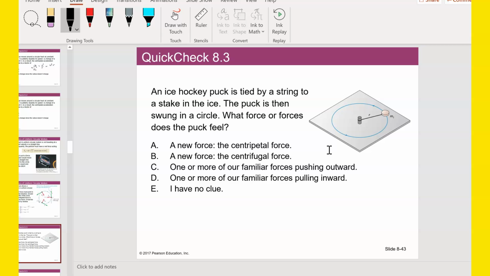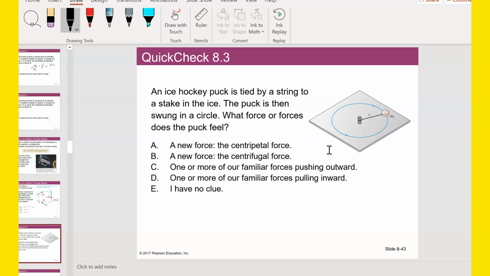But that's really because your body wants to continue in a straight line, whereas whatever object you're inside of is going around a curve. And what keeps you going around the curve, along with your car you're inside of, is your seat belt or the friction between you and the seat or the car door itself. So the friction between the tires and the road is causing the car to go in a circle.